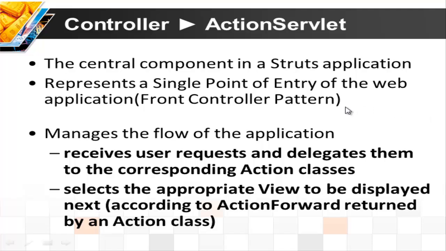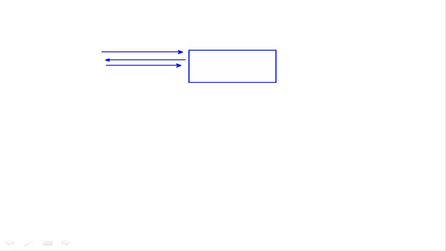The idea behind using a front controller pattern is you have one controller and everybody interacts. So this is the place wherein the user makes the request and gets the response, and so on.